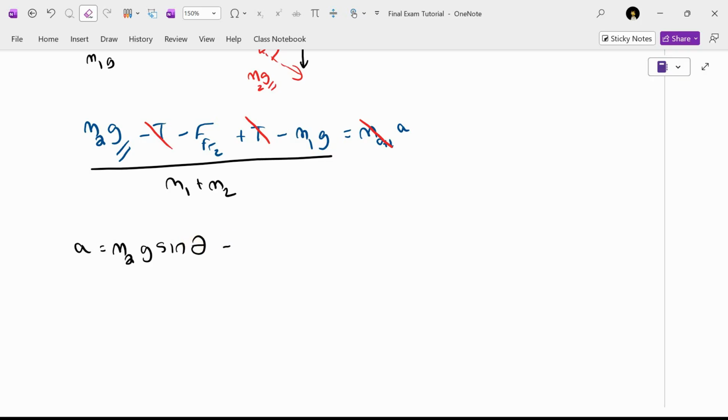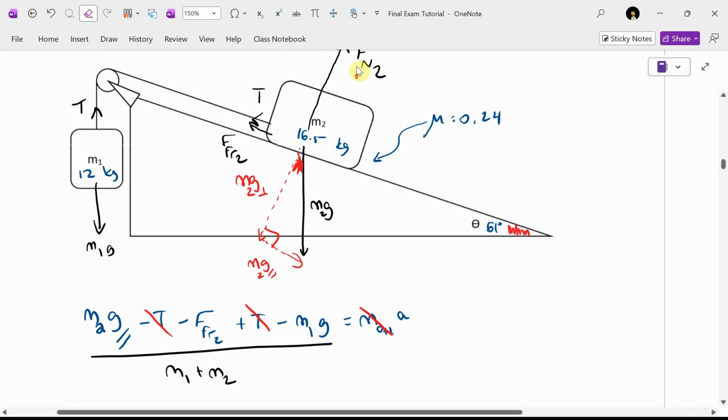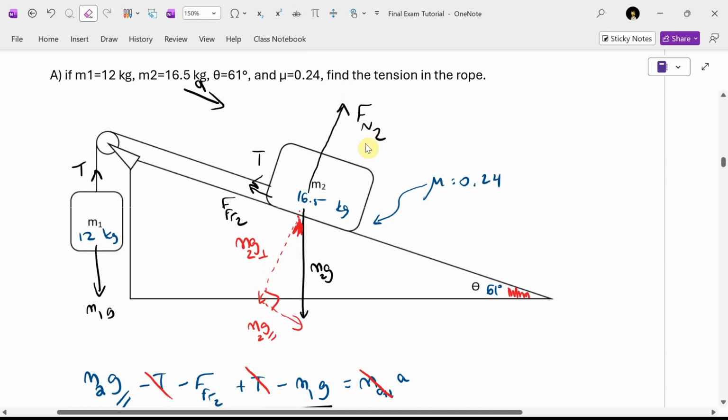Minus... Friction is what times what? I don't know the normal force. But look, I don't know the force the same size as normal force number 2, and it's not mg. What is it? It's m2g perpendicular. Which trig function is that going to be?